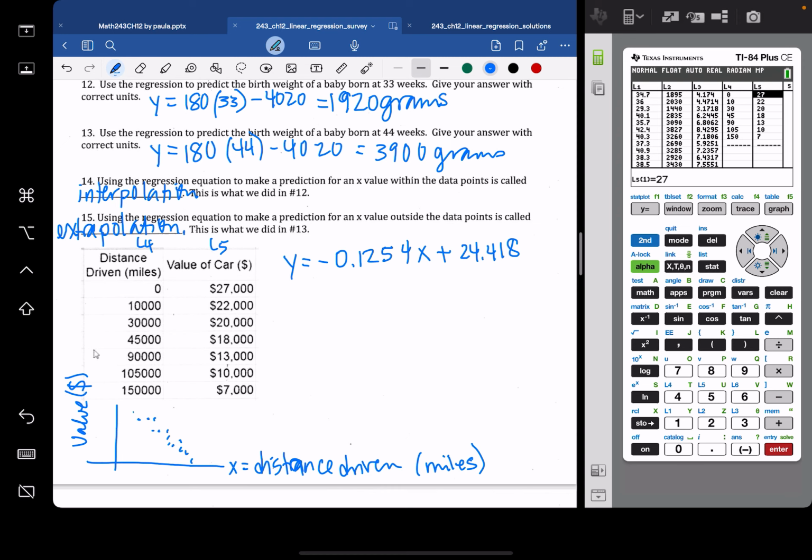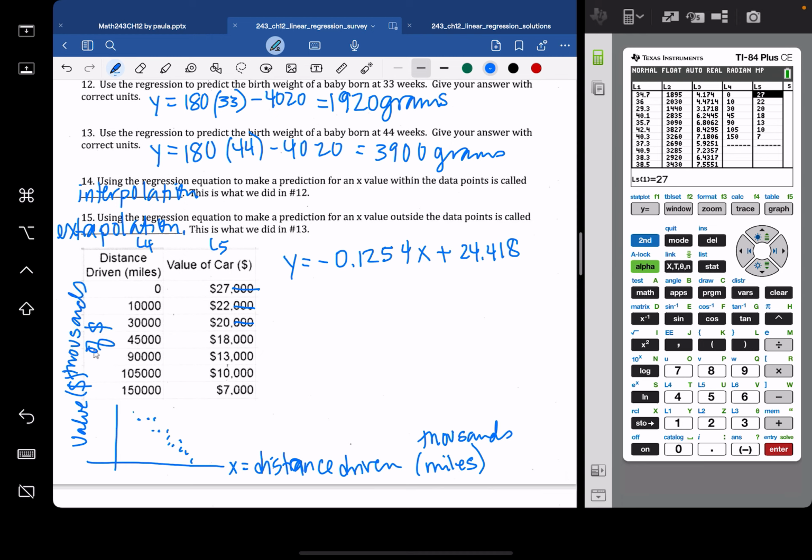Something I didn't point out to you is that when I put this data into my calculator, I got rid of the 3 extra zeros every single time, and that was just because I didn't feel like typing in all those zeros. So we actually need to say that the distance driven is in thousands of miles, and the value is actually in thousands of dollars.